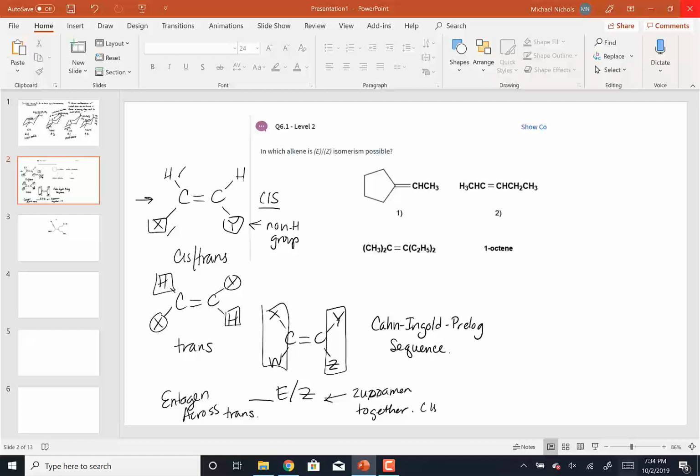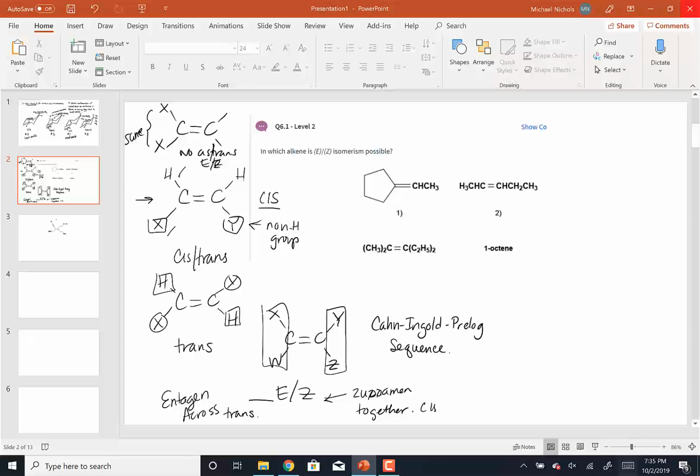I will also make one other statement: whenever you have a double bond where two of the groups attached to one of the carbons are the same, then there is no cis-trans, and there is also no E or Z possible in the naming.